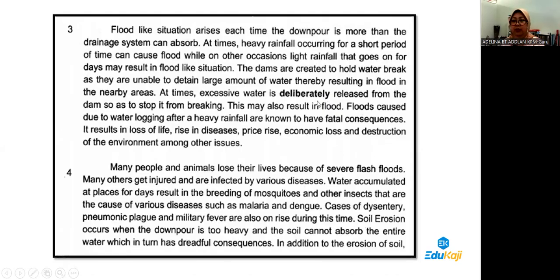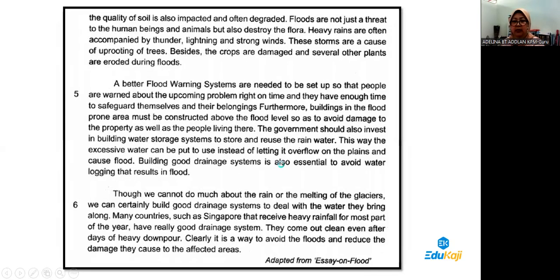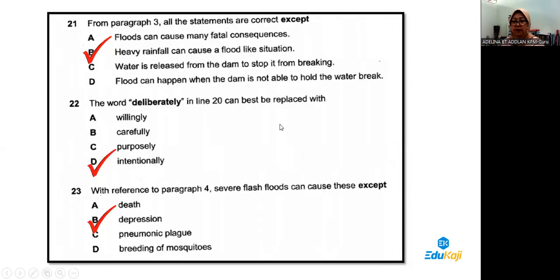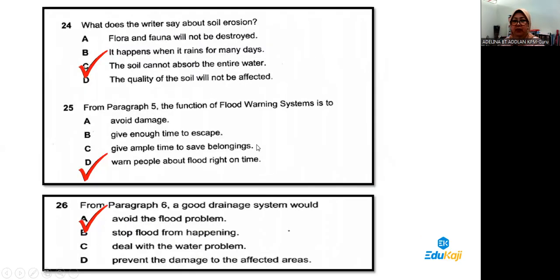But usually the word that they highlighted, that they bold like this, is actually in the line that they asked you to count. Okay? And for this, they're asking for the synonym for deliberately. So students actually have to read really carefully before you answer question 20. Alright?